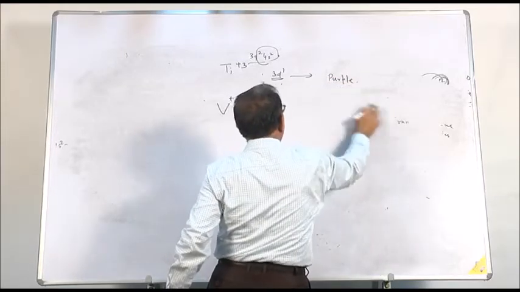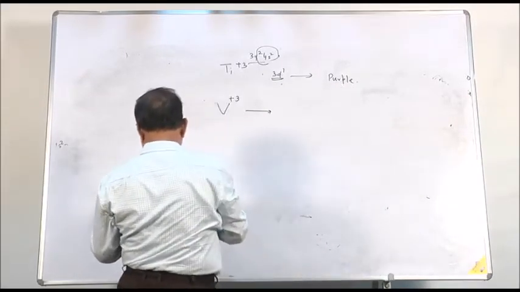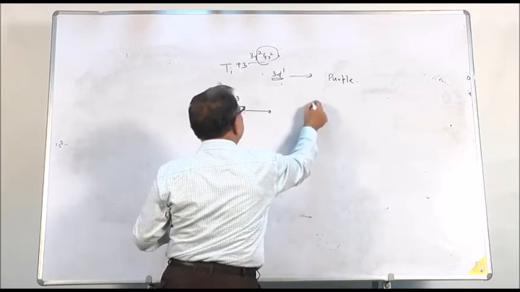It absorbs visible radiation and shows the complementary color. Let us see the color of V plus 3, which is green.